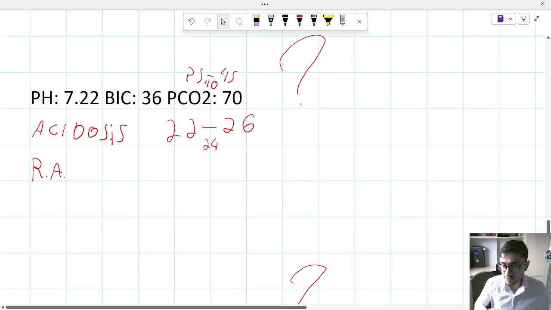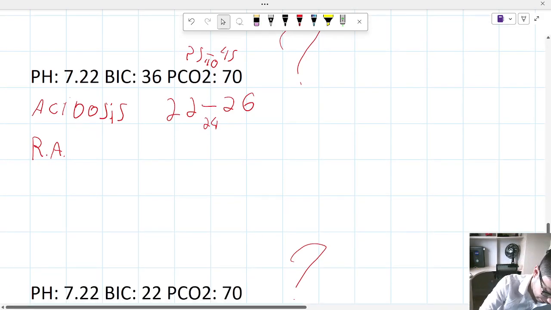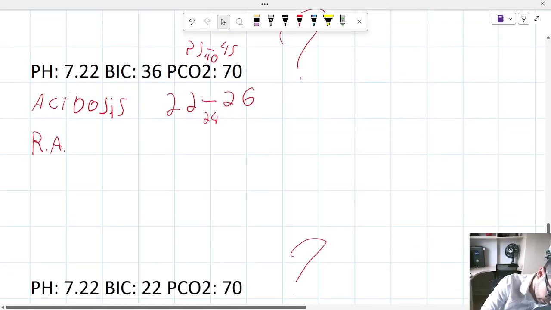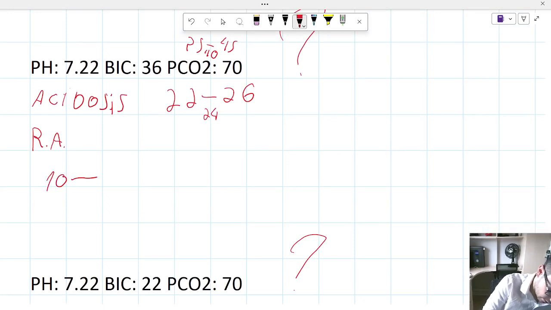So now we need to calculate the value of the bicarb to compensate this respiratory acidosis. Do you remember I taught you last class: for every 10 in the PCO2 value above 40, we raise the bicarb by 4.